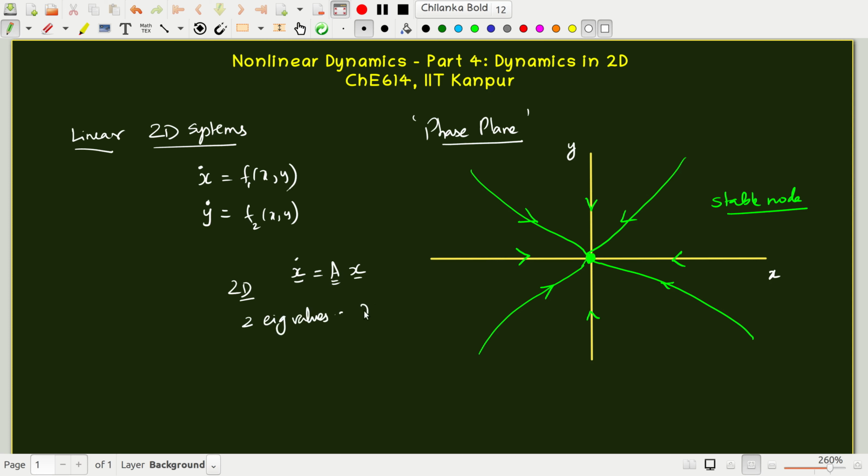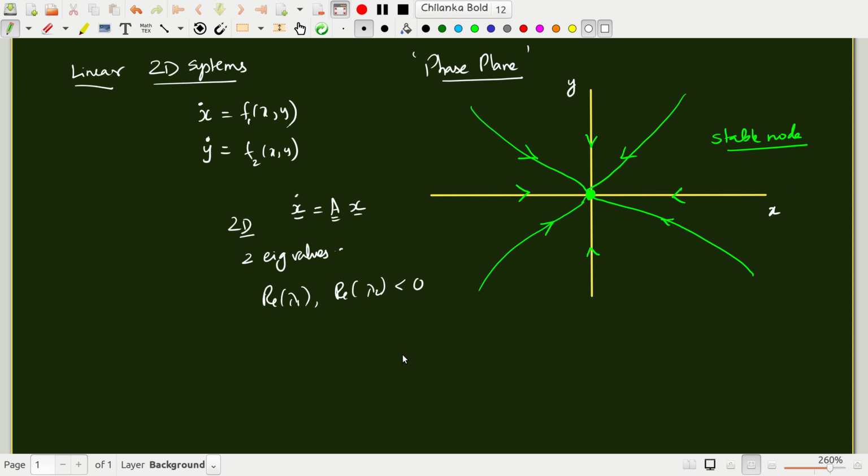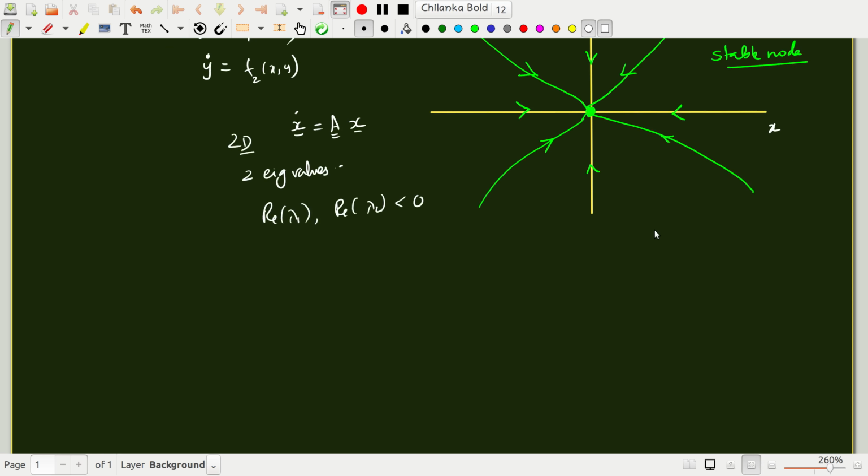If the real parts of lambda 1 and lambda 2 are less than 0, and I'm first assuming them to be real, we'll come to complex eigenvalues in a bit, then all the trajectories will flow towards the fixed point.